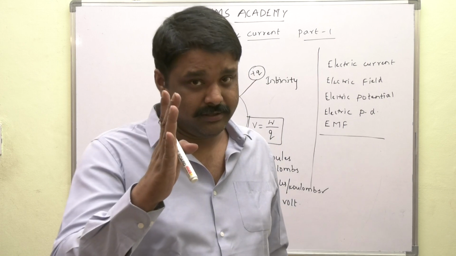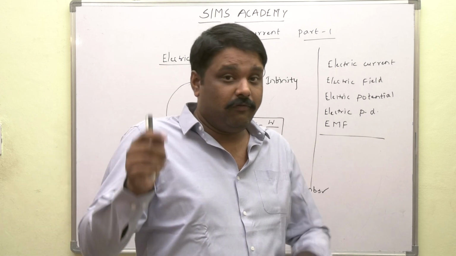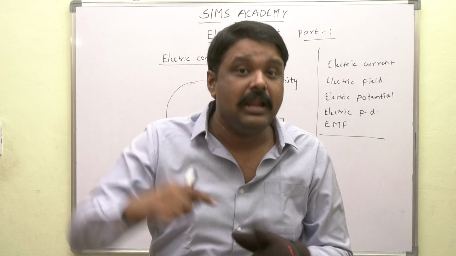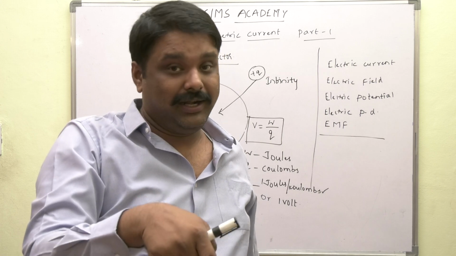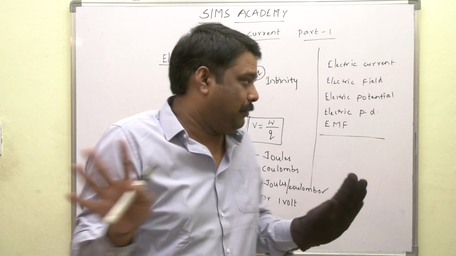Got it? 1 joule per 1 coulomb. From where? From infinity to a point in an electric field. Okay, clear up to here.